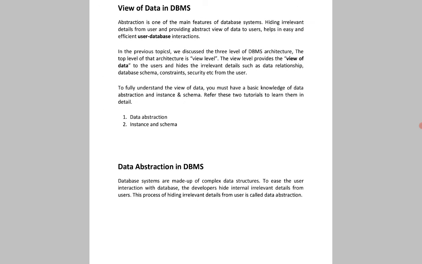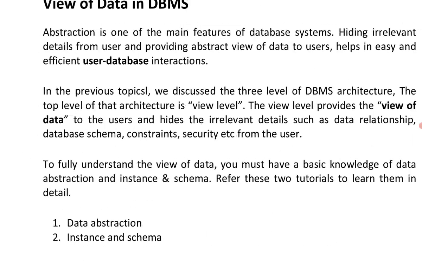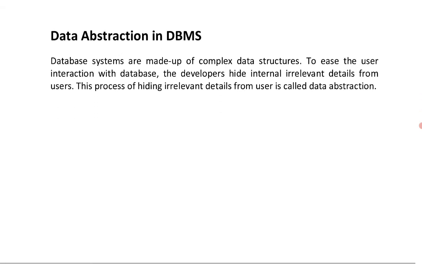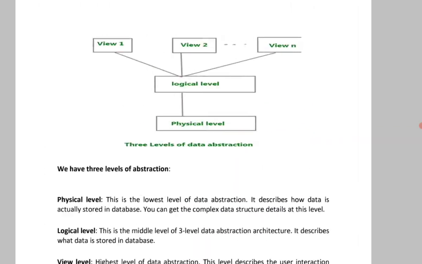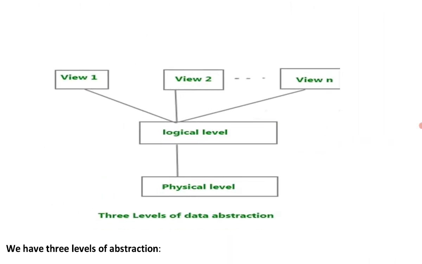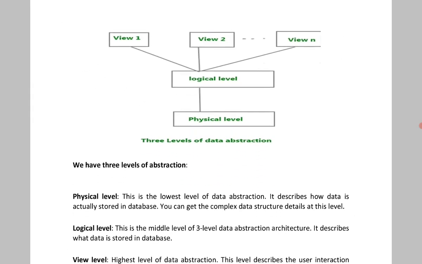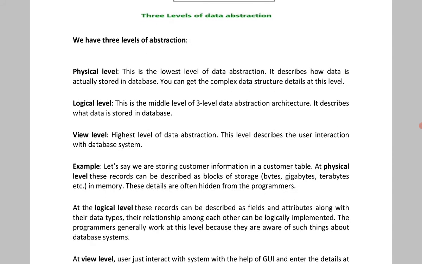How the different views are connected in DBMS. In this diagram you may see view 1, view 2, view 3, view n, or user 1, user 2, user 3, and logical level and physical level. Three levels of data abstraction: physical level, logical level, and view level.